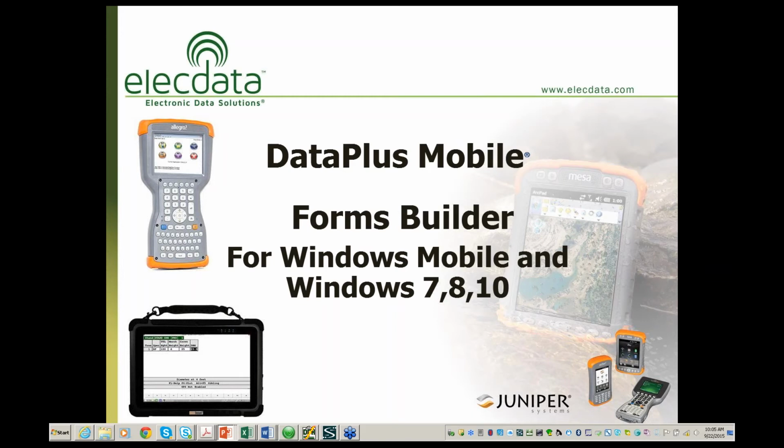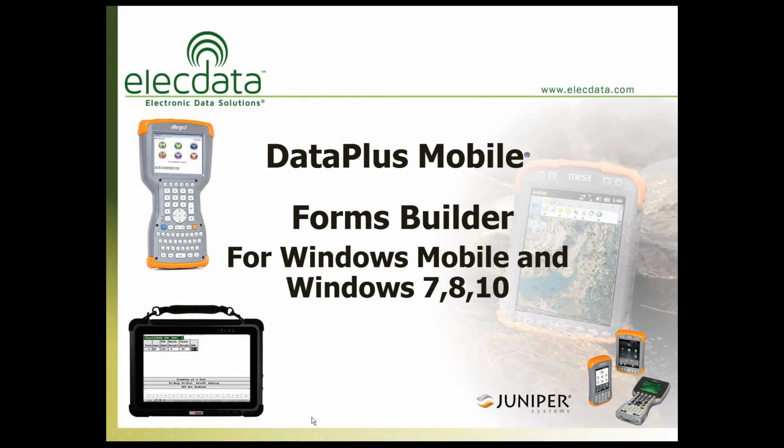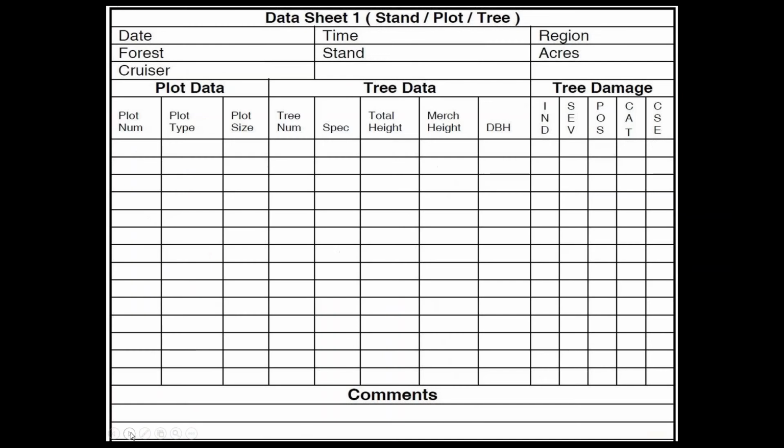So what the concept is with a forms builder, for people that want to go to the field and automate their field data collection, typically in the past they've been using pencil and paper data sheets and filling these out, or conceptually in their mind they have an idea of the data that they want to collect.